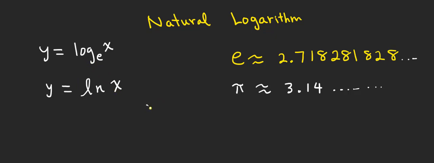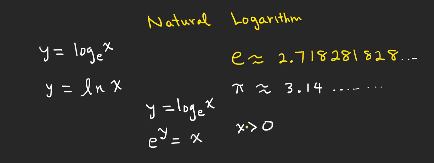So when you have y equals log base e of x, if you want to change it to exponential form, it's going to be e to the y equals x. Again, x has to be positive.